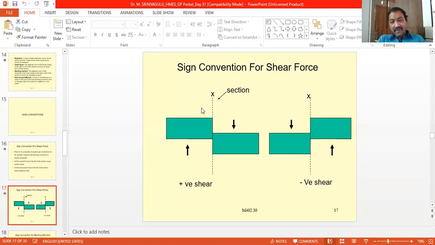That's why if you take either side, it will be the same, but we have to take only one side. The algebraic sum of the forces acting either to the right or to the left of the section is called the shear force.